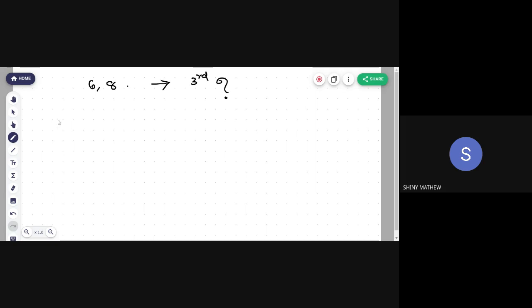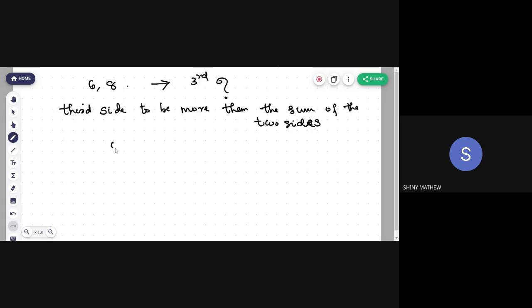So below you write the third side to be more than the sum of the two sides.